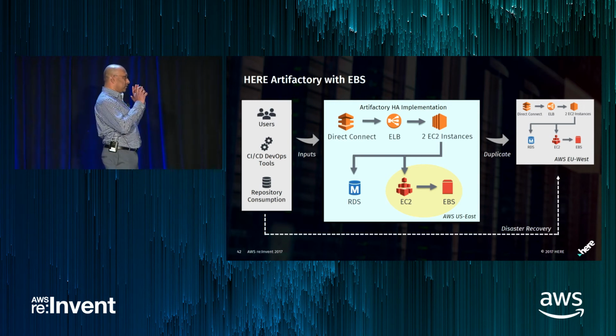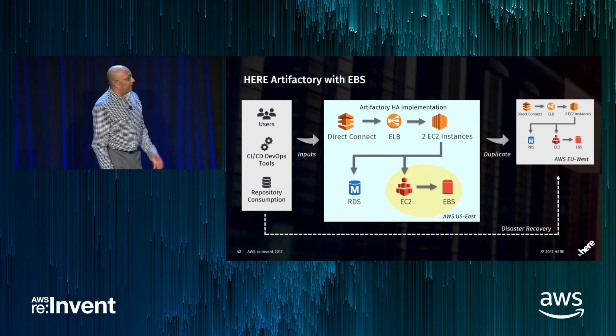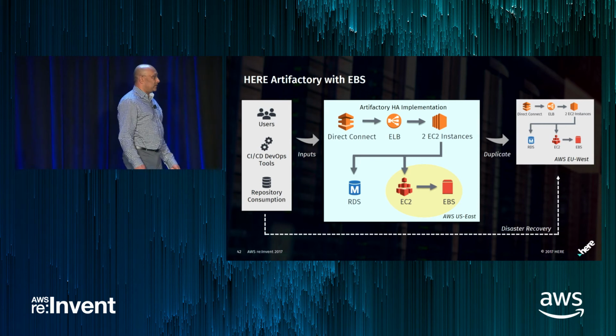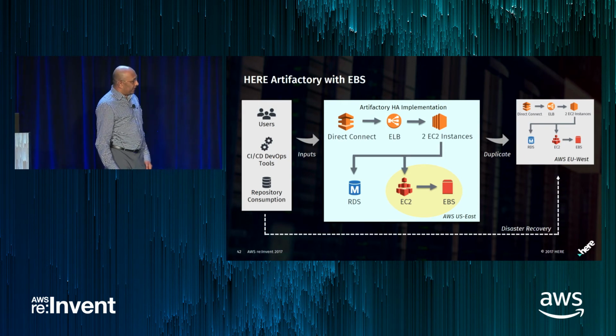So anything that's written to the primary is push replicated to the disaster recovery Artifactory cluster. We ran into multiple pain points when we used this NFS cluster solution, and I will walk through each of our pain points in the coming slides. And we use Artifactory RDS running MySQL as the database engine.